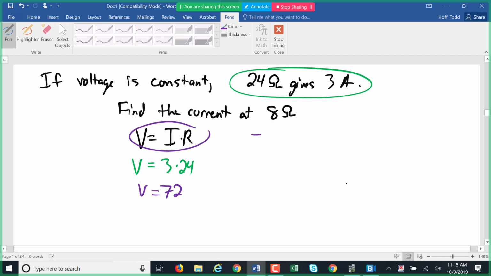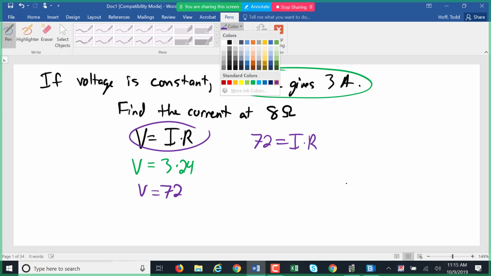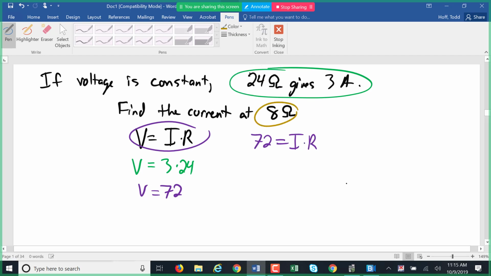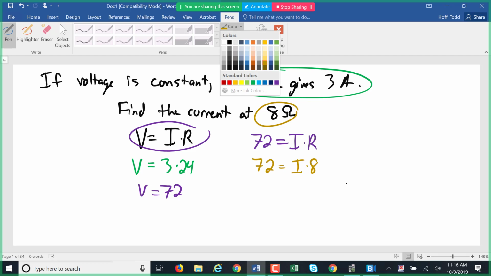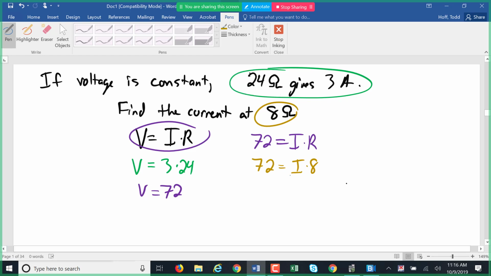So this relationship becomes 72 equals current times resistance. Find the current if the resistance is lowered to 8. So we put 8 in for R, and we can divide. So 9 is the current if the resistance is lowered to 8 ohms.